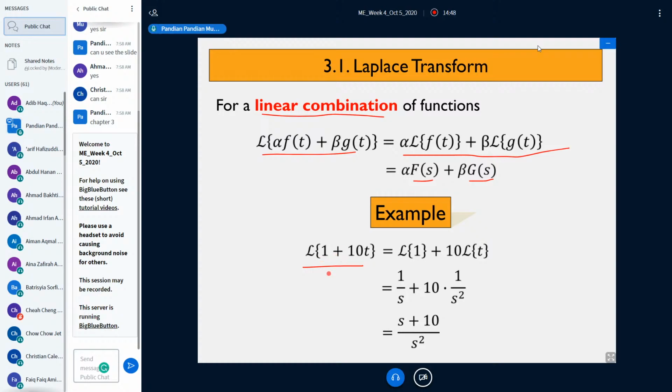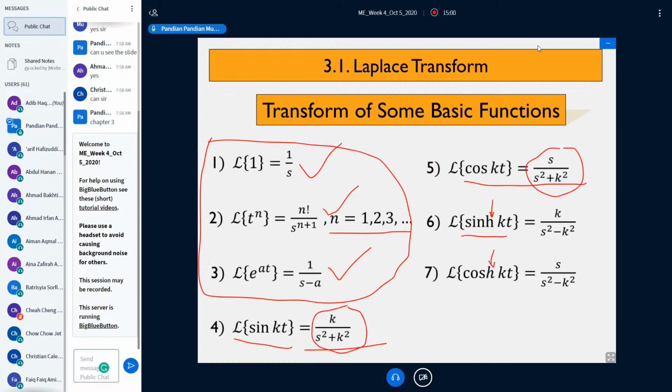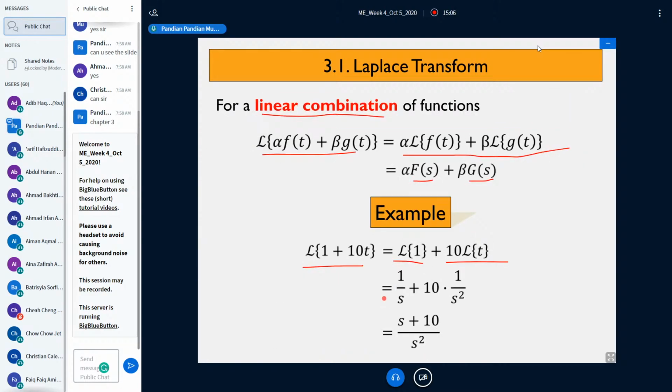Laplace of 1 plus 10t, you cannot do in one shot. You break it into Laplace of 1, and 10 multiplied by Laplace of t. For Laplace of 1, you go back to the table: 1 over s. Always refer to the table. We cannot do it without the table.